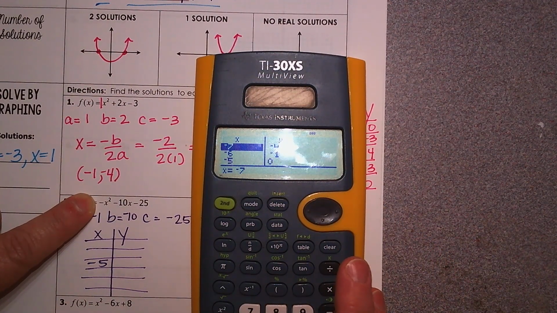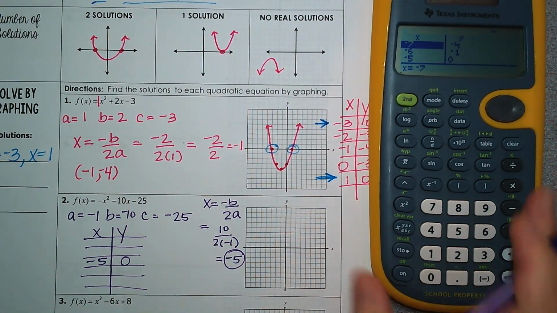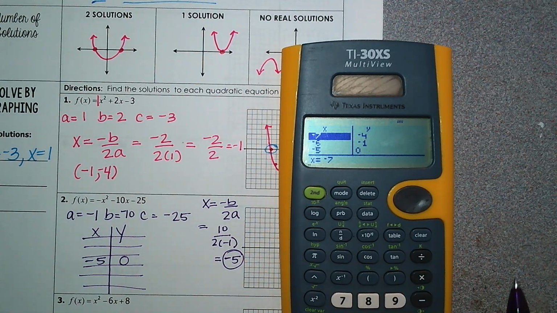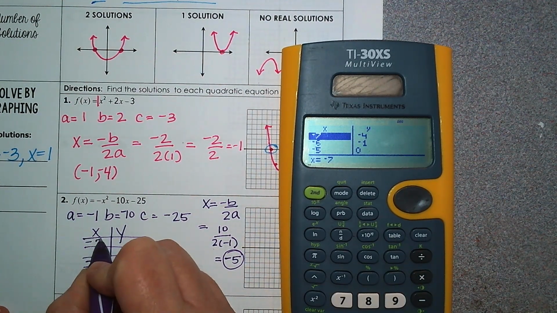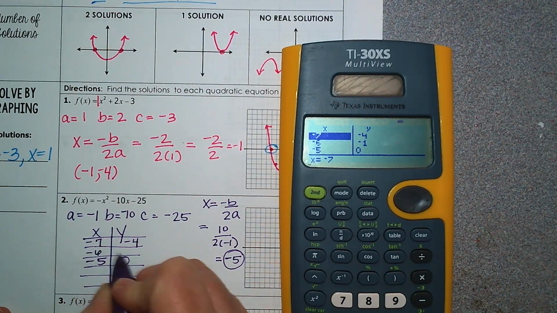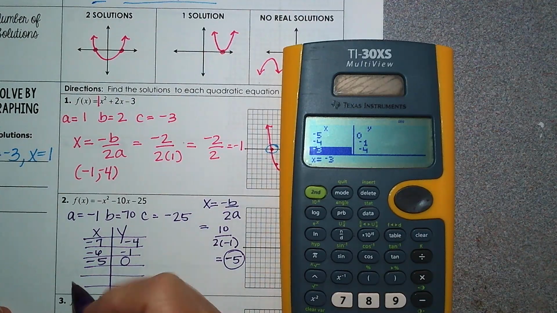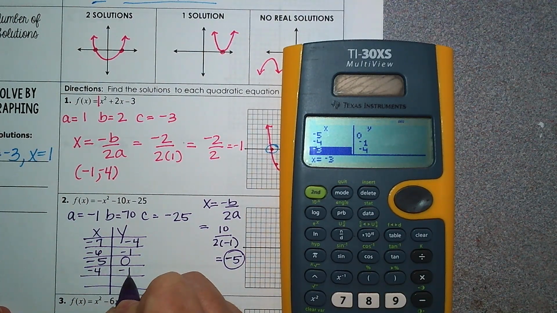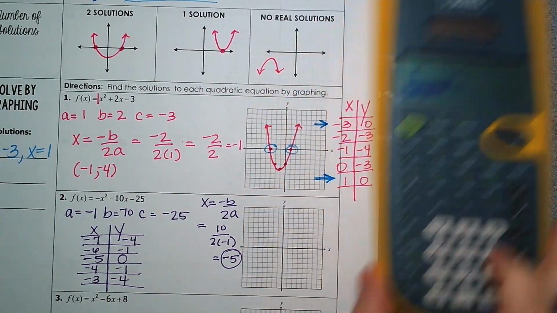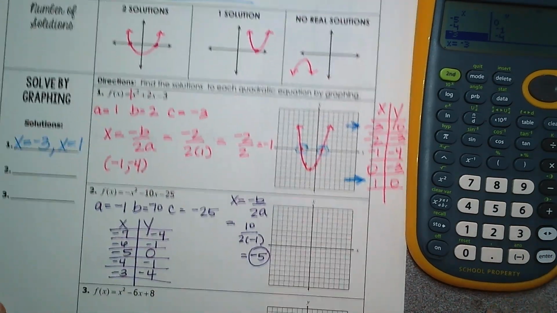What is your y value of your vertex? 0. I need 2 points above and below that.